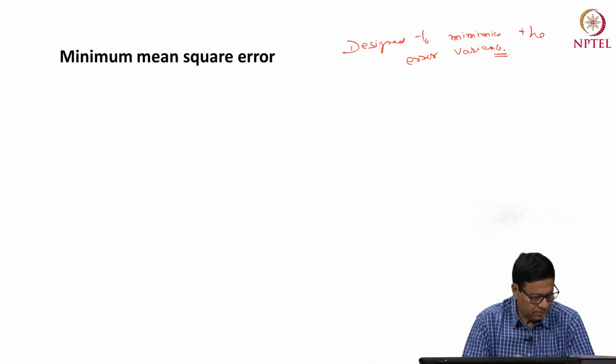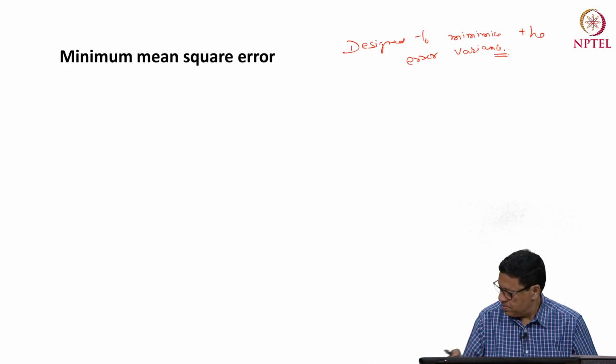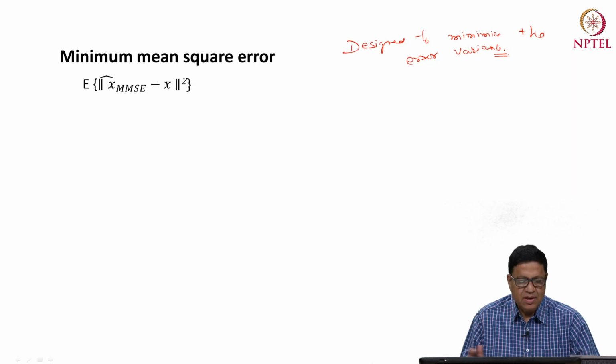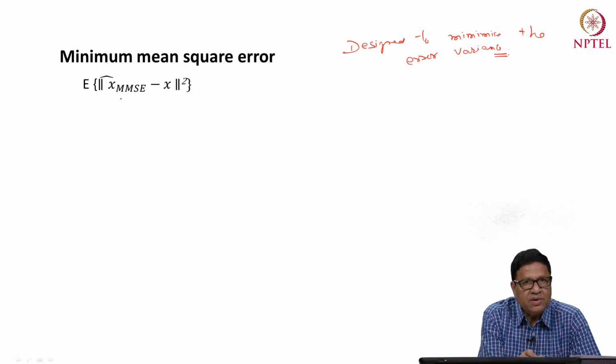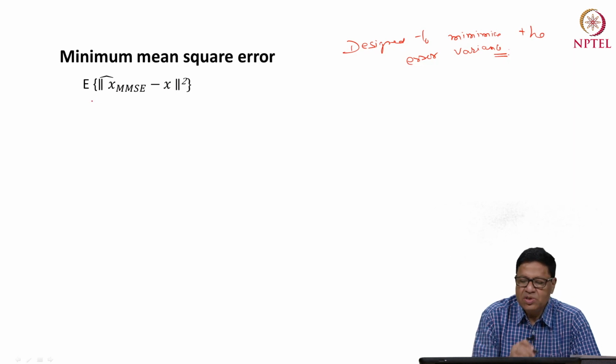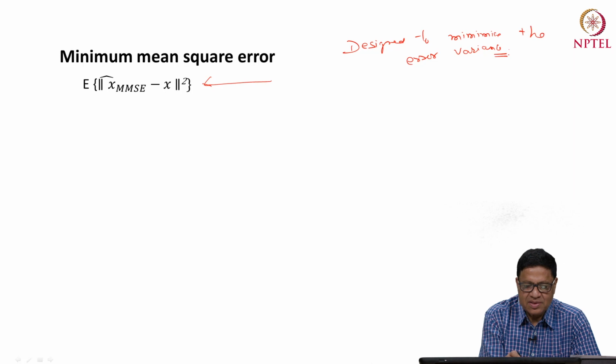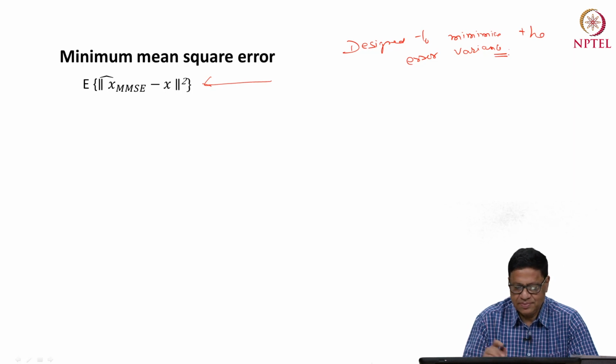Basically, the expected value of the magnitude squared of X estimate using MMSE minus X should be minimum. So this is the MMSE function.